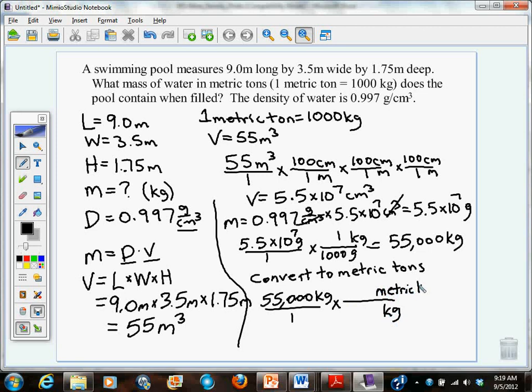That gets rid of kilograms. And I know for every 1 metric ton, there's 1,000 kilograms. So I go ahead and multiply that out, and I get 55 metric tons. And notice how I carried through all the units so that all the units canceled out and agreed when they canceled out. All right?